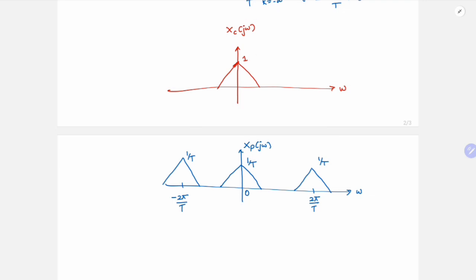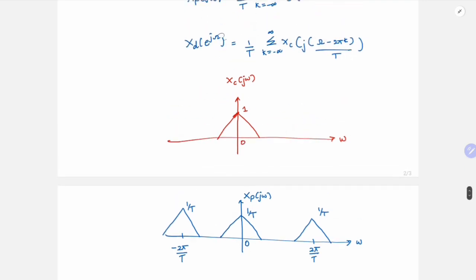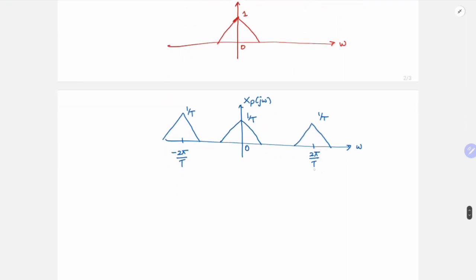So this is 0. Now Xd of e power j omega, how will it look? This 2 pi by T will just scale down to 2 pi because it is 2 pi periodic. This one we can see is 2 pi by T periodic. So this will be omega, Xd of e power j omega, and j 0.